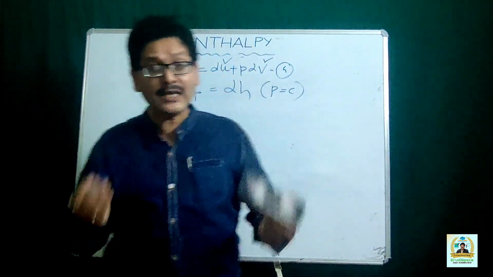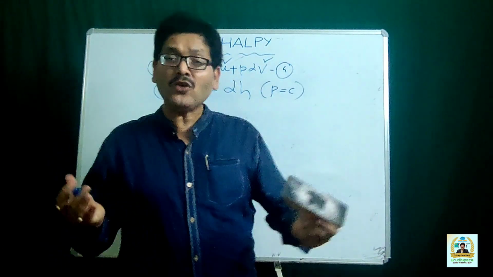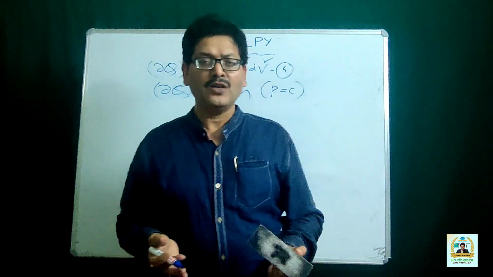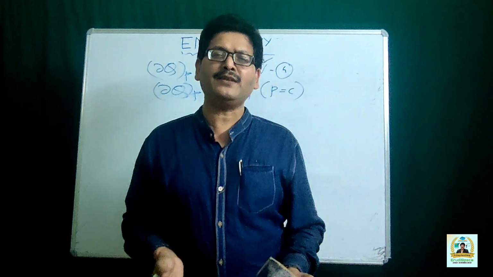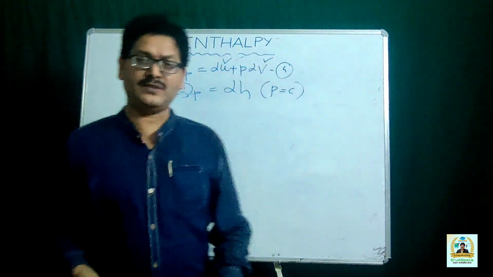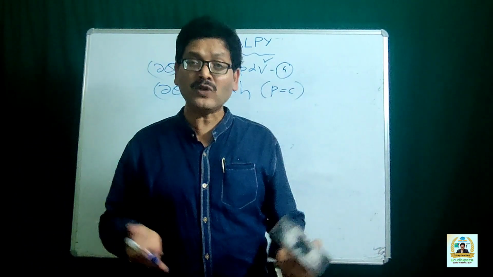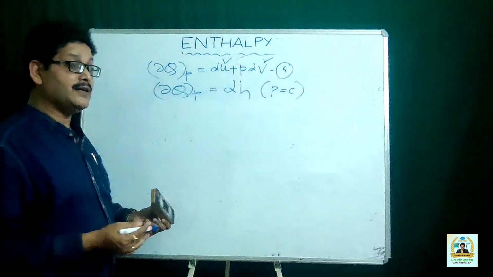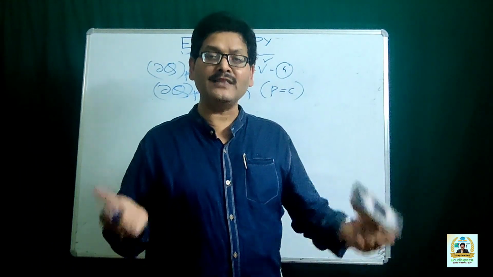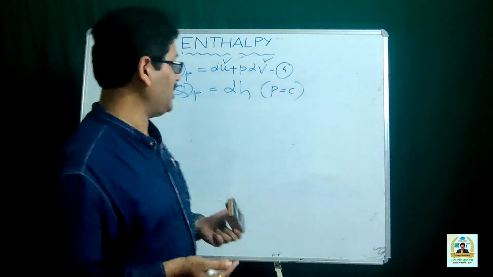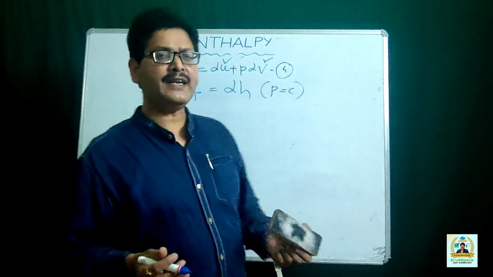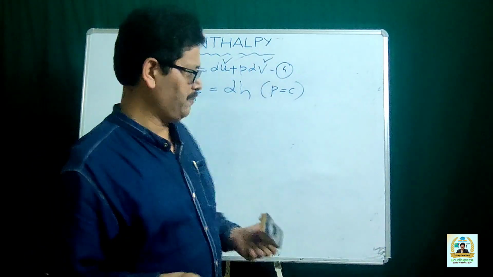As far as internal energy is concerned, you cannot find out the internal energy at a particular point, because the energies are the summation of different microscopic energies, and it is not practically feasible to calculate that. So when that part cannot be calculated, you cannot find out the enthalpy at a particular point. So always enthalpy is represented as change in enthalpy.